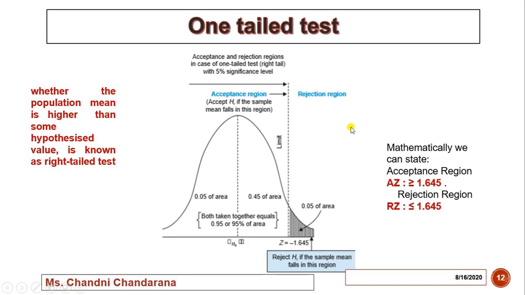Here you can see on the right side there is a rejection region. That's why it is known as a right-tailed test. Our hypothesis will be rejected if the sample mean falls in this region. Mathematically it is totally opposite of a left-tailed test.